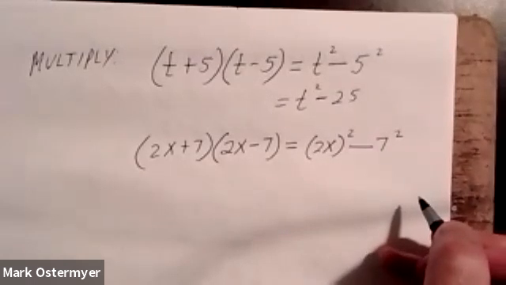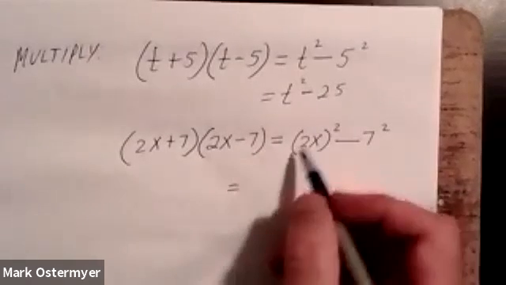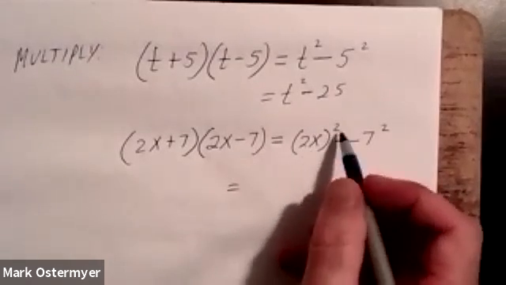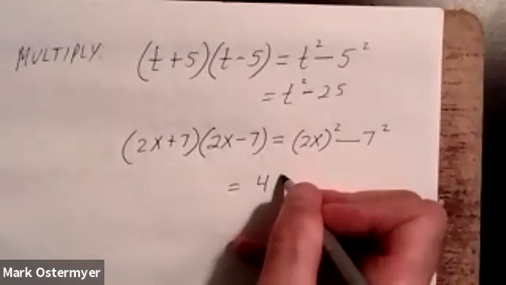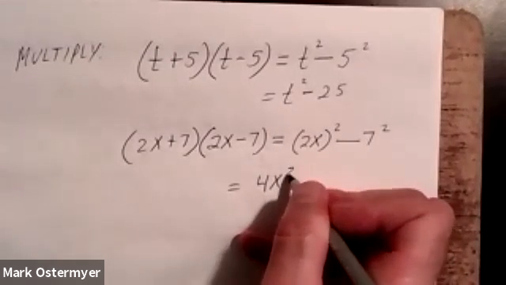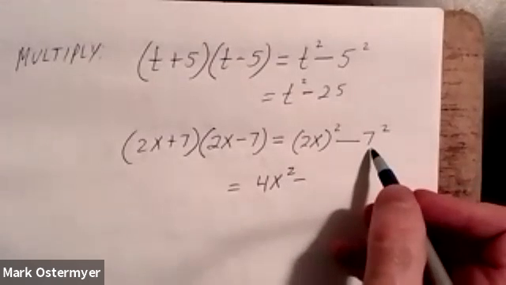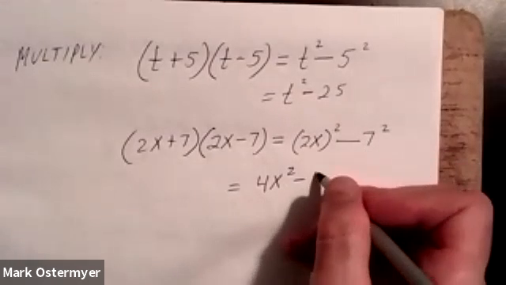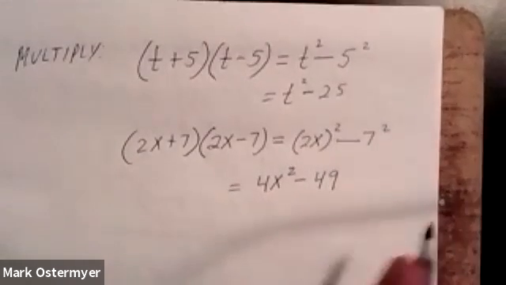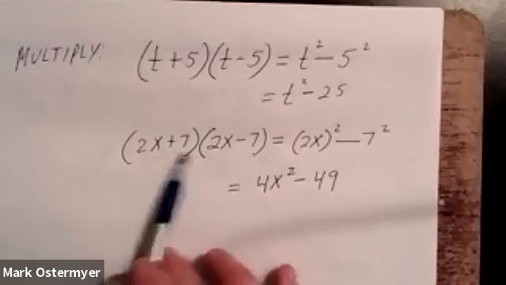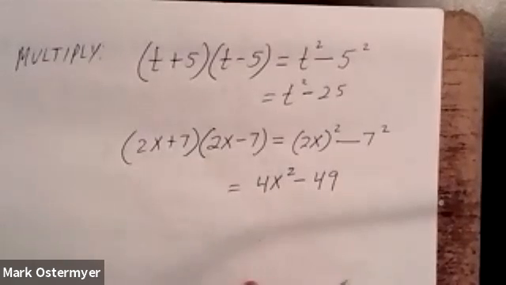So what's 2x squared? 2x times 2x is 4x squared, minus what's 7 squared? 49. Using the shortcut, we just multiplied these conjugates together.